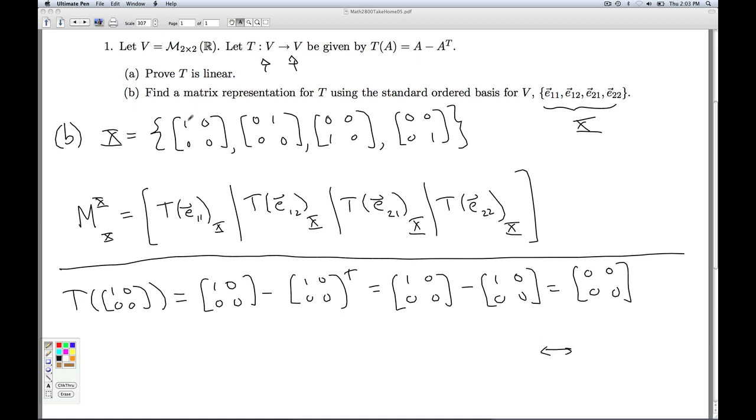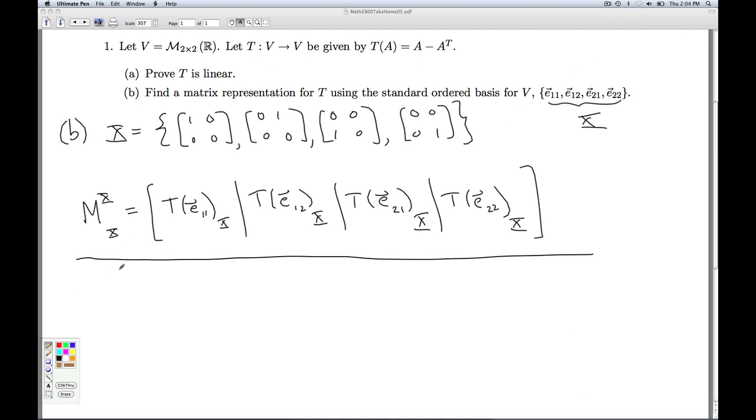Well, this is my ordered basis. In the 1,1 entry, I have 0, so that's 0 of those. I've got a 0 here, so 0 of those. I've got a 0 here, 0 of those. And finally, none of those. So, not surprisingly, the zero matrix has a coordinate representation of a column of zeros. This is going to be the first column in our matrix.